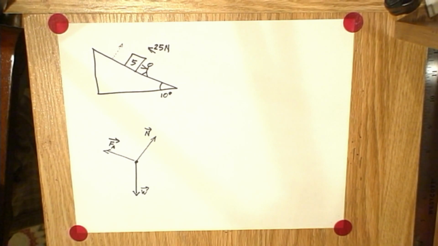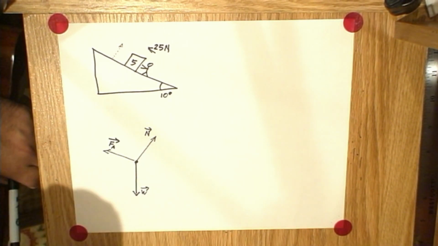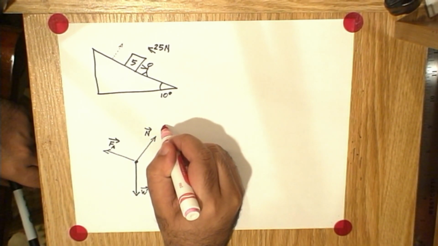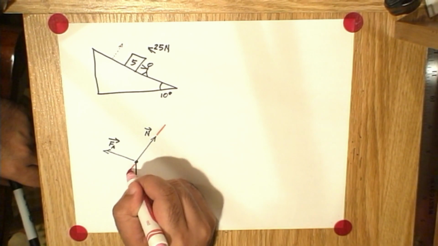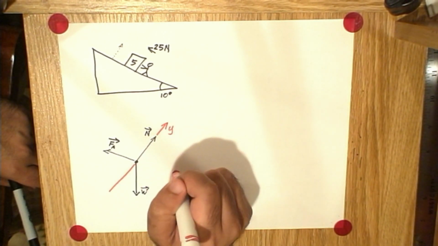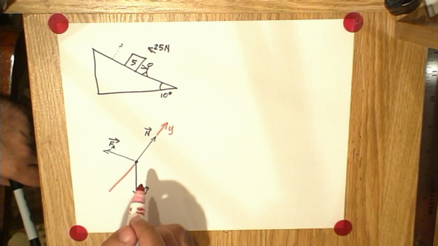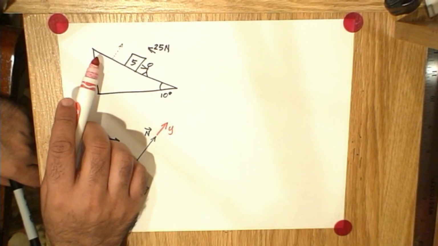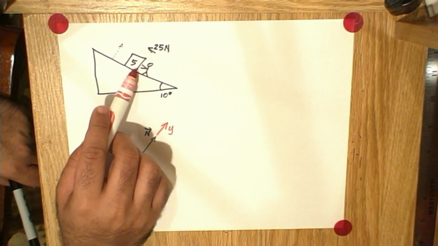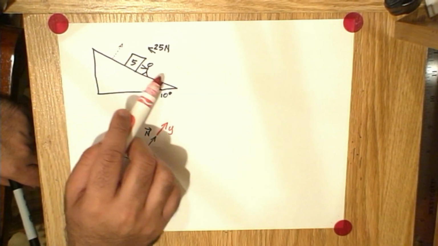Now, let us set our origin and axes. The y-axis in a ramp question is always set along the normal force. Now, over here, what we see is that our hero is pushing this object up the ramp in this direction.